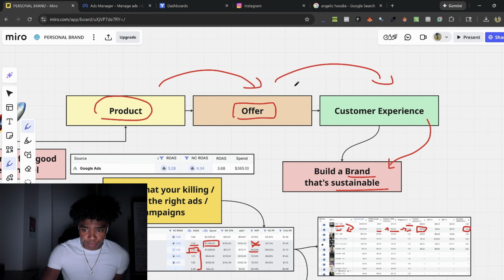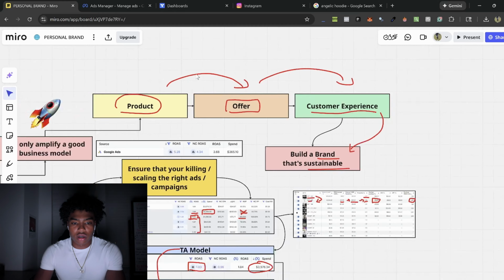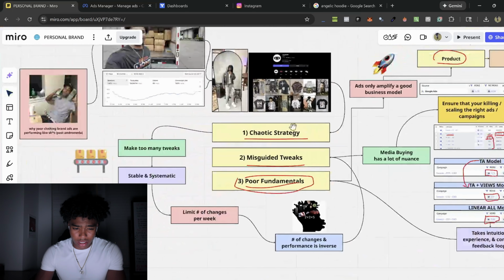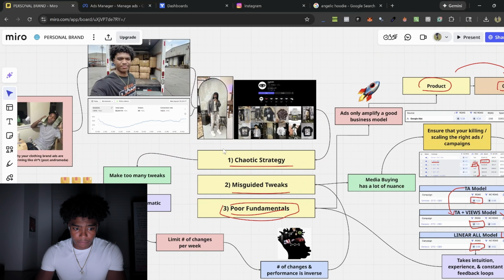You know what I'm saying? So it's essential that you have a good customer experience, good customer service, good packaging, something that you'll be proud to sell, and proud to say that's your business. You know what I mean? So that's really the three things that you need to have on lock. And really the only three reasons mainly why your ads aren't performing like you want them to.